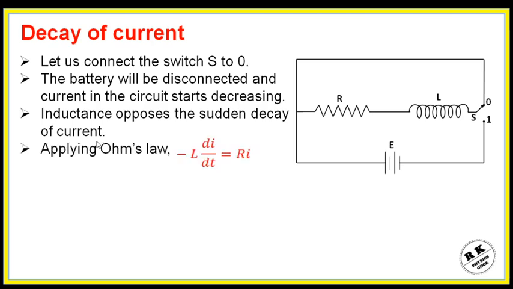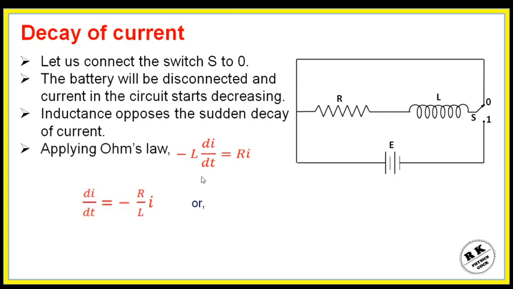Now if we apply Ohm's law, as there is no EMF, we can write the equation as minus L dI by dt, which is the back EMF developed in the inductor, is equal to the potential drop across the resistor. Now this upper circuit will function.